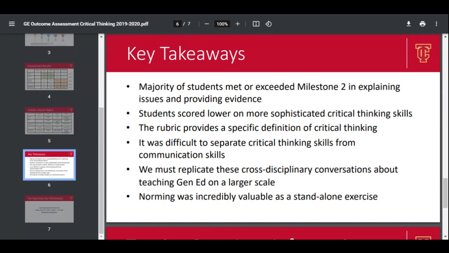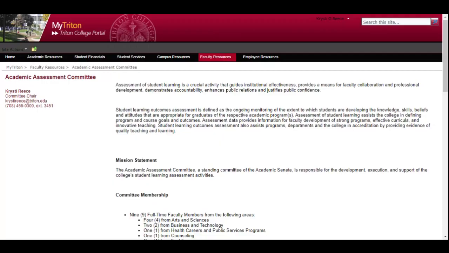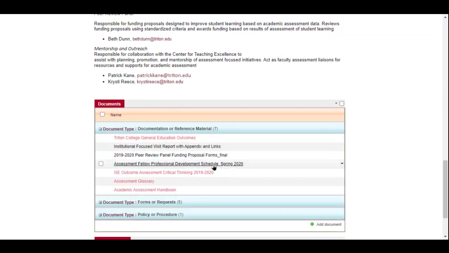Now, that's somewhat an abbreviated version of the actual results, but those are present there for you to look at under the General Education Assessment Critical Thinking 2019 to 2020. And after our evaluation of written, those will be under here as well. So that's a good source of finding the documents.